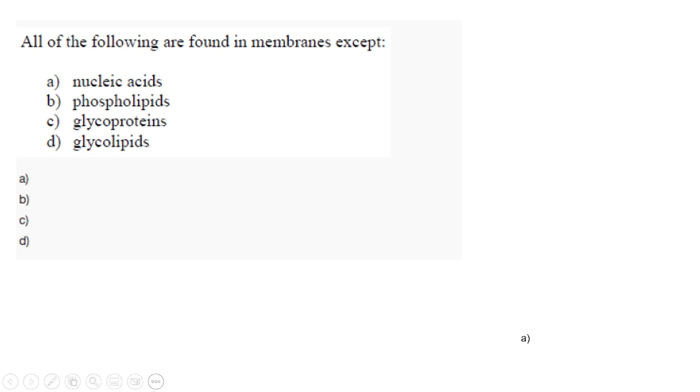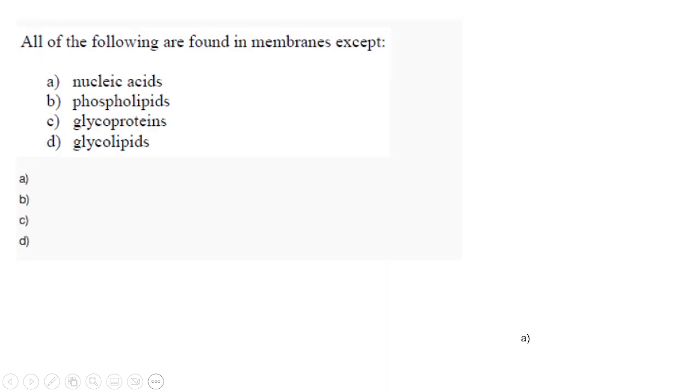What is the correct option here? So the correct option is nucleic acid.